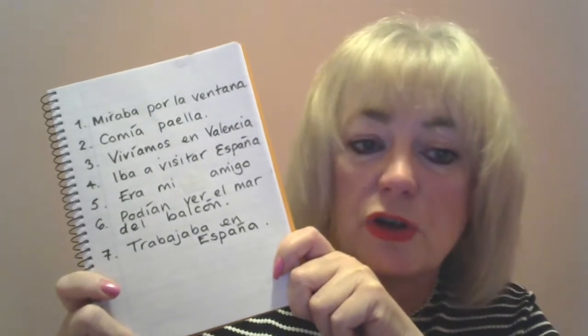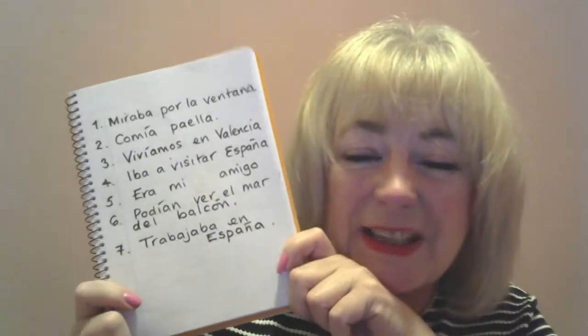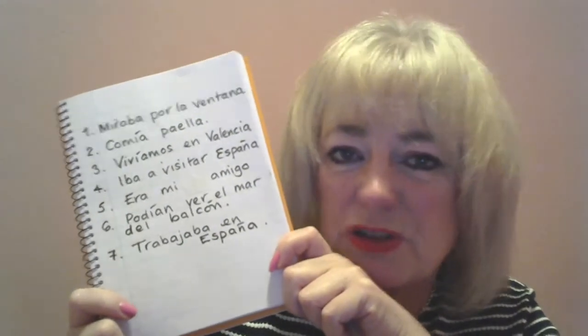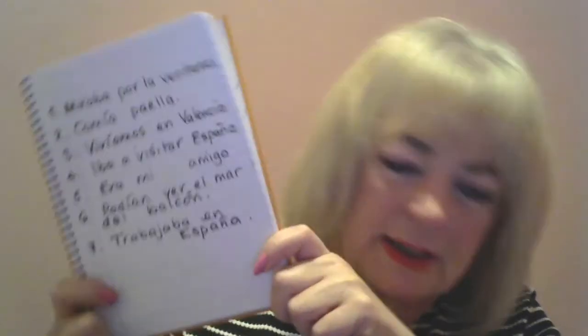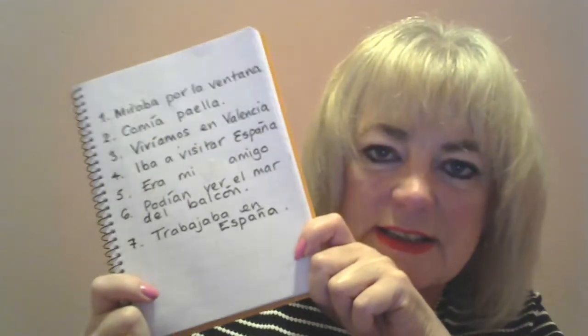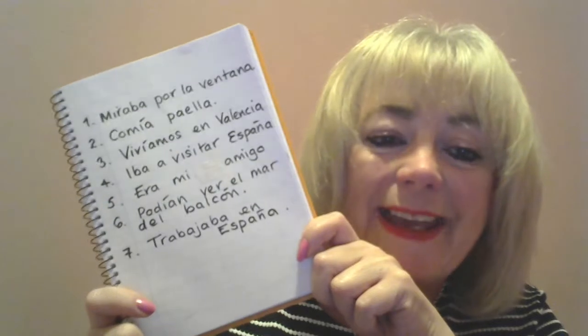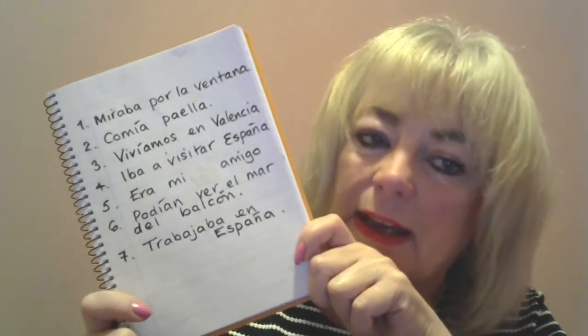Same with número dos, comía paella. So I've forgotten what it is now. So she was. So we might want to put in the ella. I mean, sometimes when you're speaking, it's evident who you're talking about, so you still don't need to put it in. But in just a one-off sentence like this, obviously we wouldn't know. Ella comía paella.